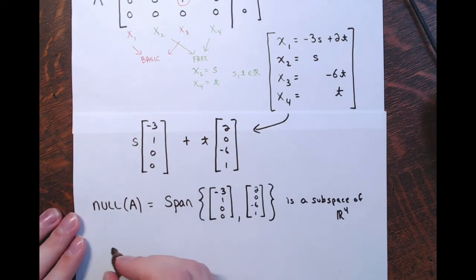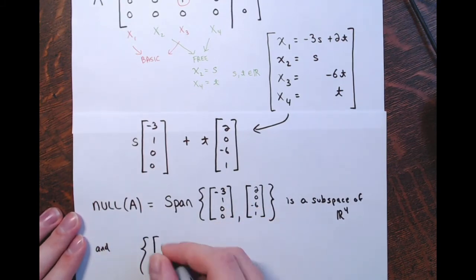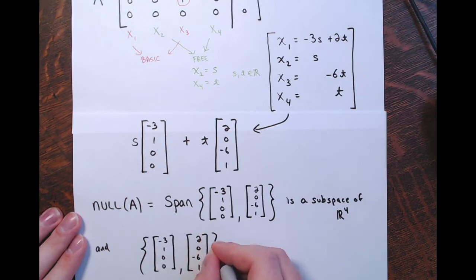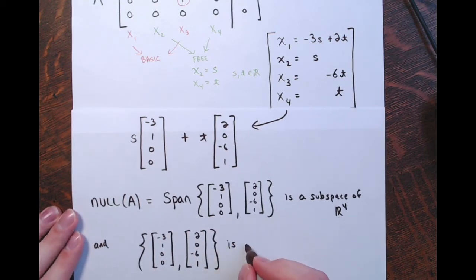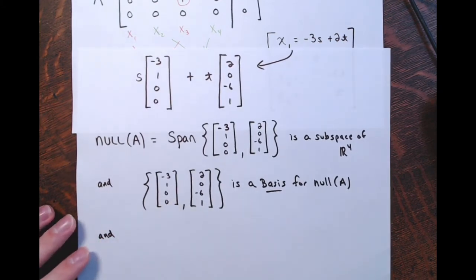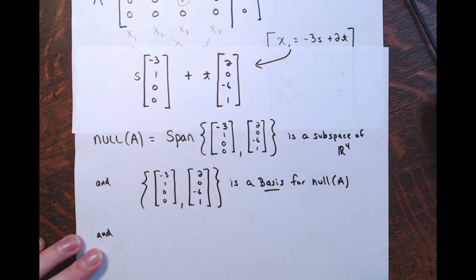And this set with these two vectors would form a basis for the null space of A, or the kernel of A. And this basis has two vectors in it, two non-zero vectors.